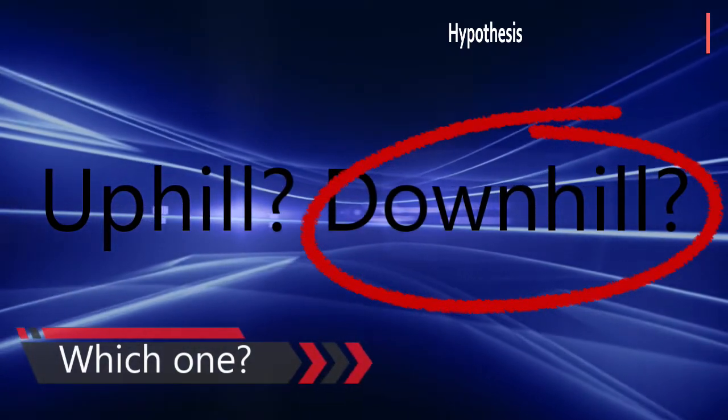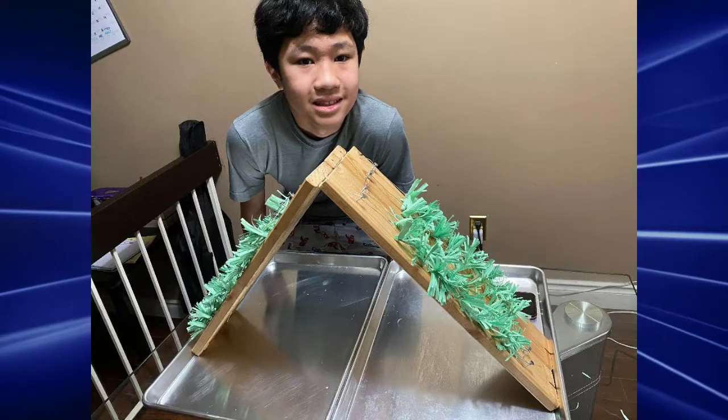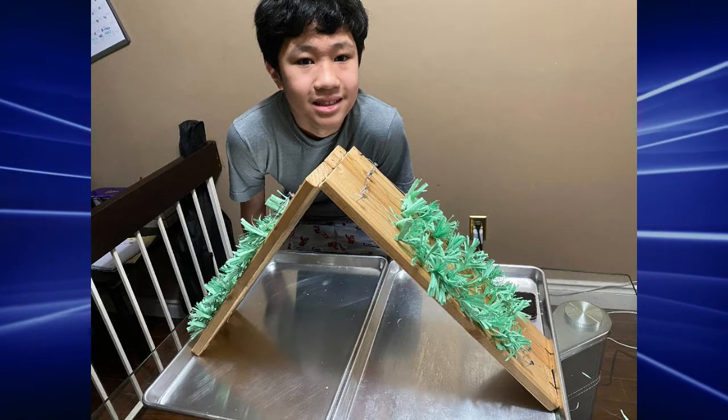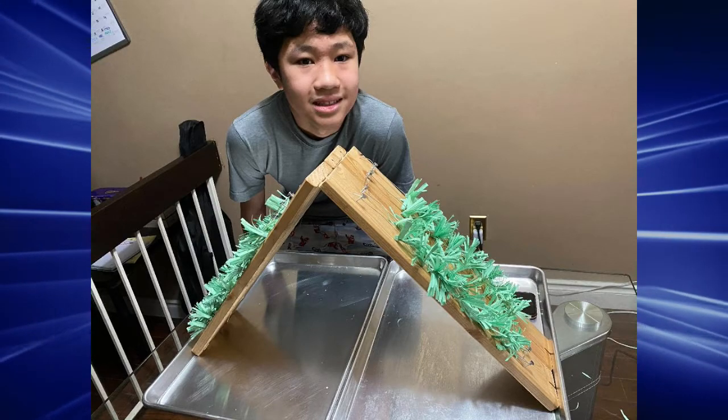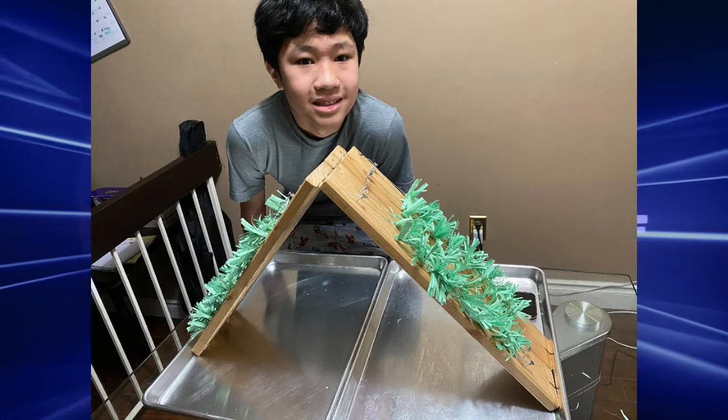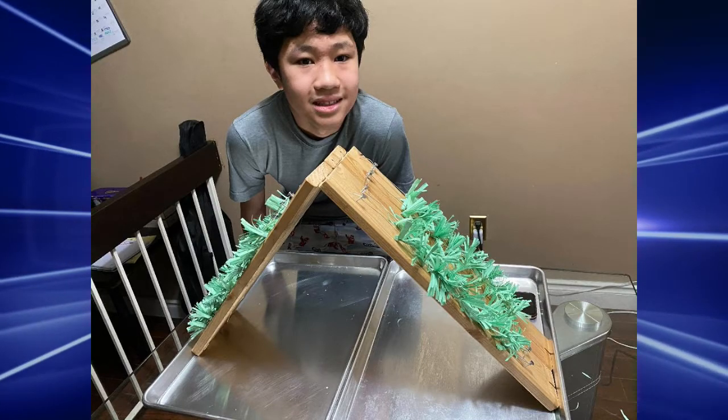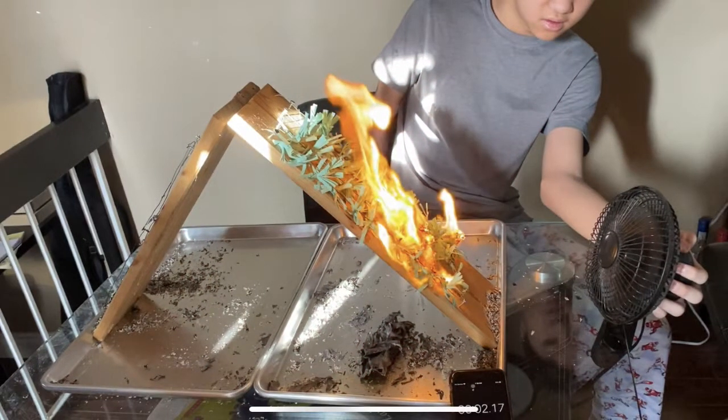An improvised miniature hill is made to perform the experiment, and each side has an equal number of trees or rolled papers. Each side is burned using a lighter, and a fan is used to provide the wind. One is from below and one is from above, and each is timed and recorded.